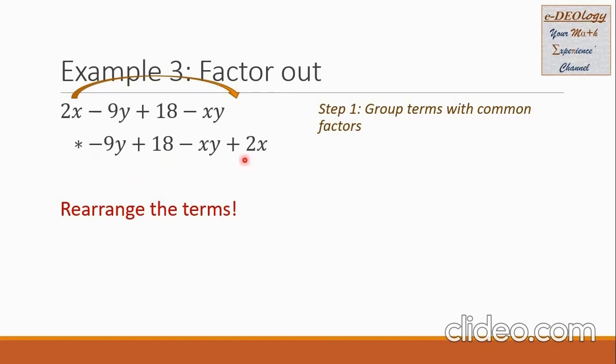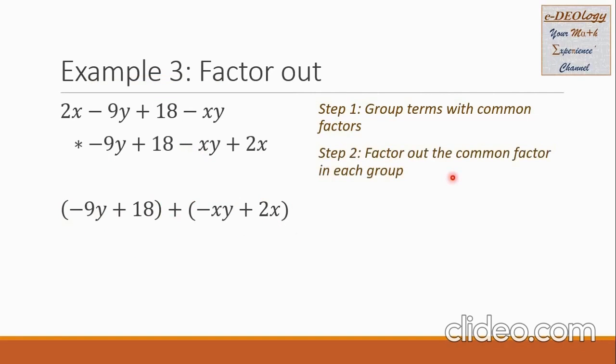Also, there is common in the last two terms. So it's now the quantity negative 9y plus 18 plus. So again, I see here that the third term is negative xy. So I must be careful. I should put here the plus and put the grouping symbol for the negative xy plus 2x.